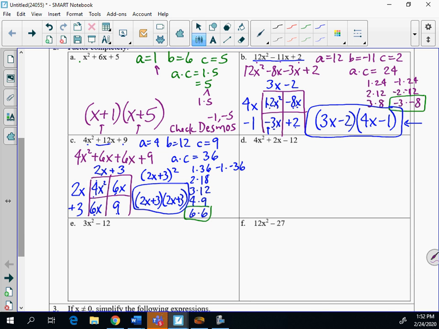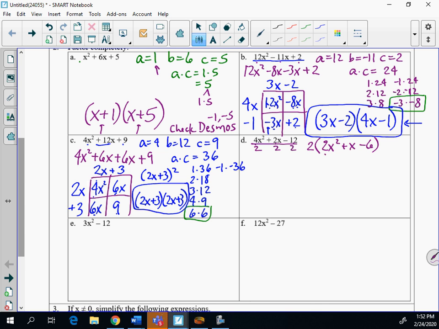Letter D. Do they have a GCF? Yes, they do. We can divide them all by 2. So I write down the 2 and divide each one by 2, and I have 2x squared plus x minus 6. So once again, I need to go through my process.